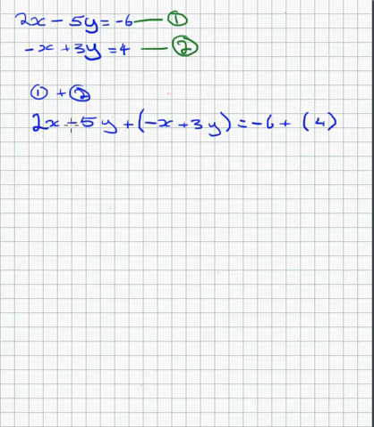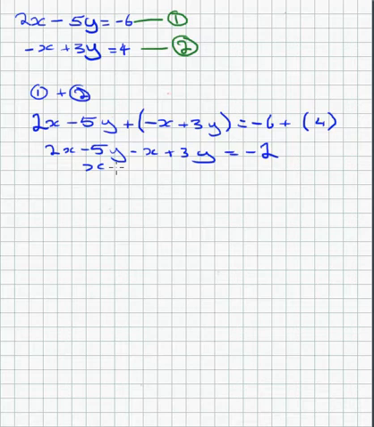And simplifying that, we have 2x minus 5y minus x plus 3y equals negative 2, and 2x minus x is x, and minus 5y plus 3y is negative 2y, equals negative 2.